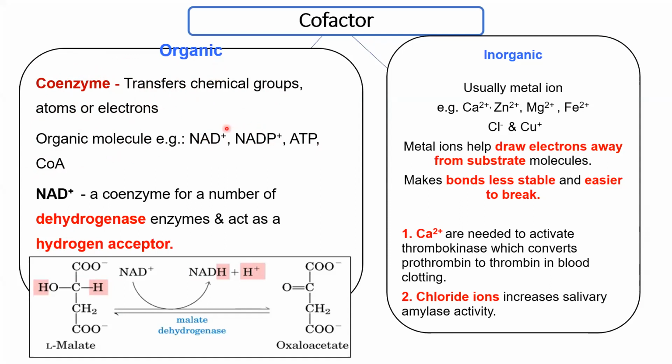All these molecules you can find in the reactions that involve cellular respiration, which we are going to look at in chapter 5, for NAD plus. NADP plus is the cofactor involved in several steps of photosynthesis.